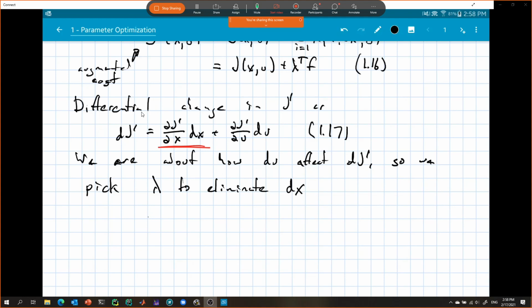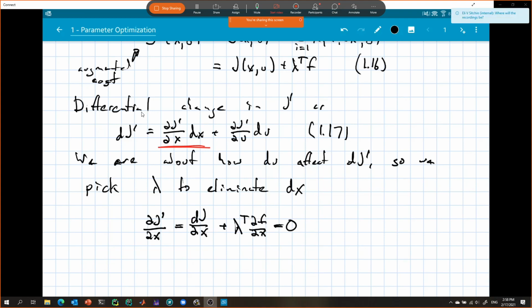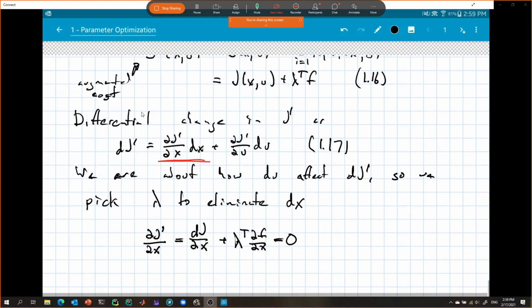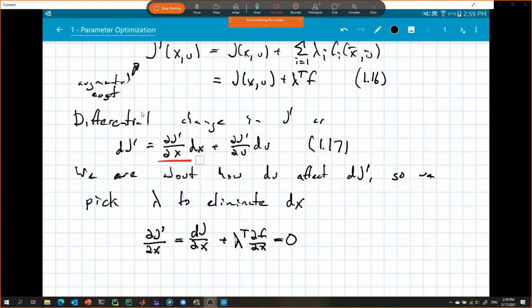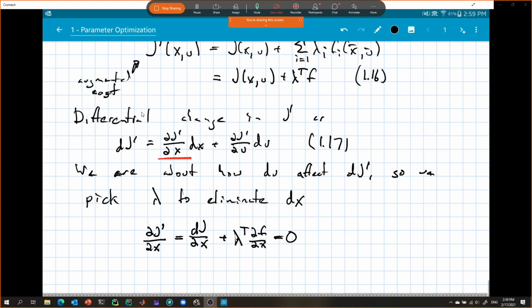the partial of J prime with respect to x equal to 0, so this is the simple partial. For any dx, we want this partial of J prime with respect to x to be 0.